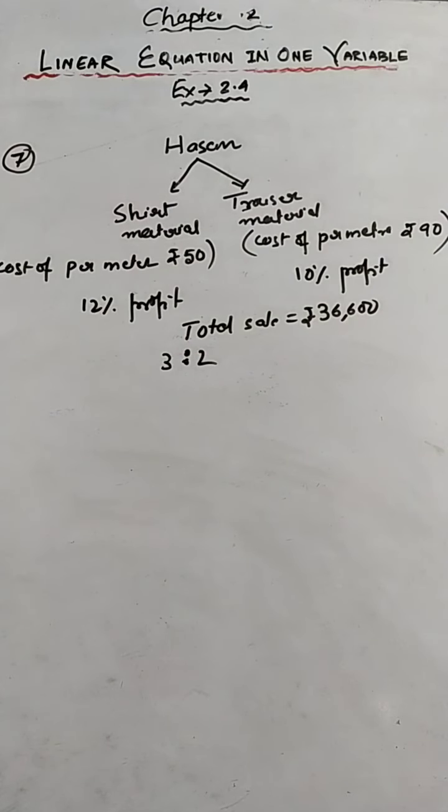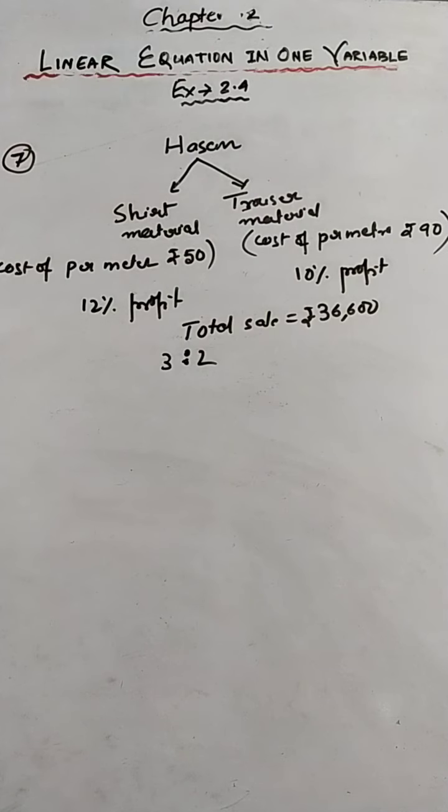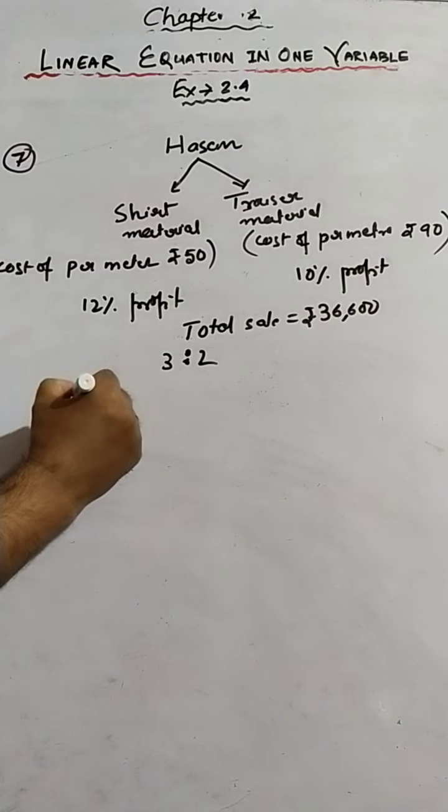Now we have to let the number of trouser material Hassan bought, and also the shirt material. Then only we can start the sum. So let's start.